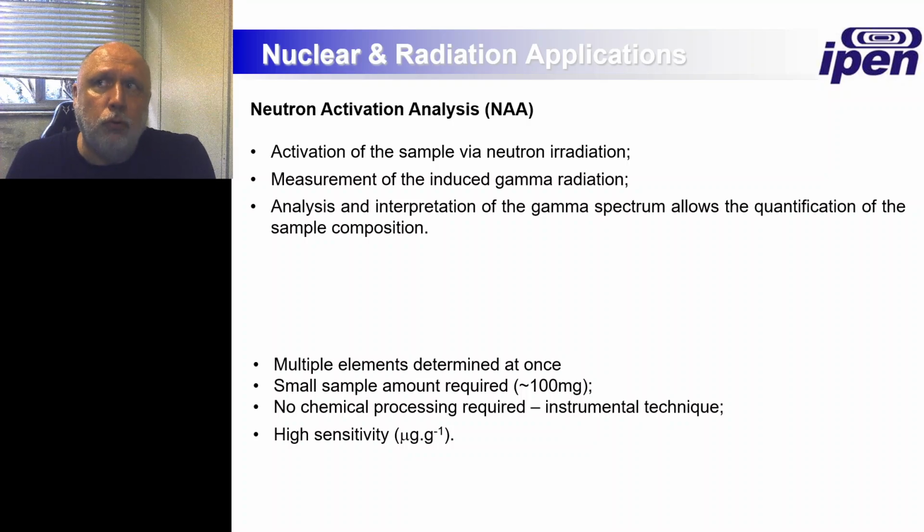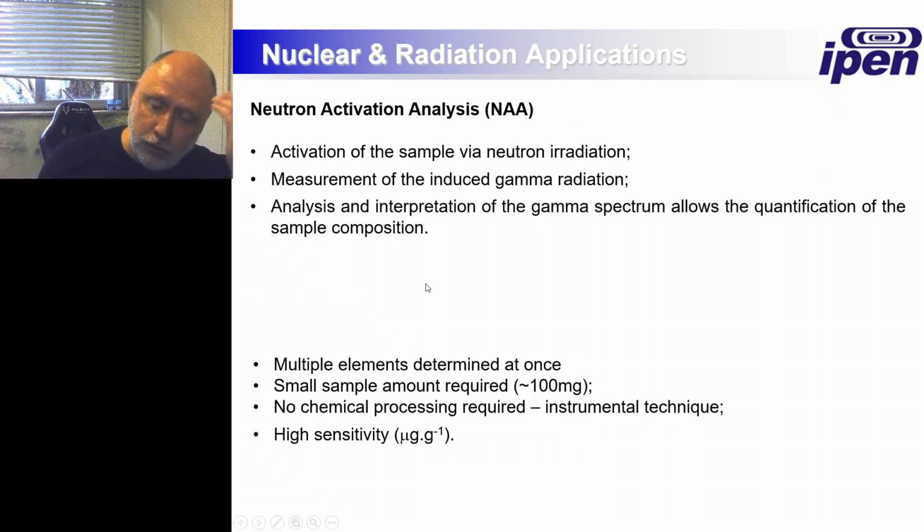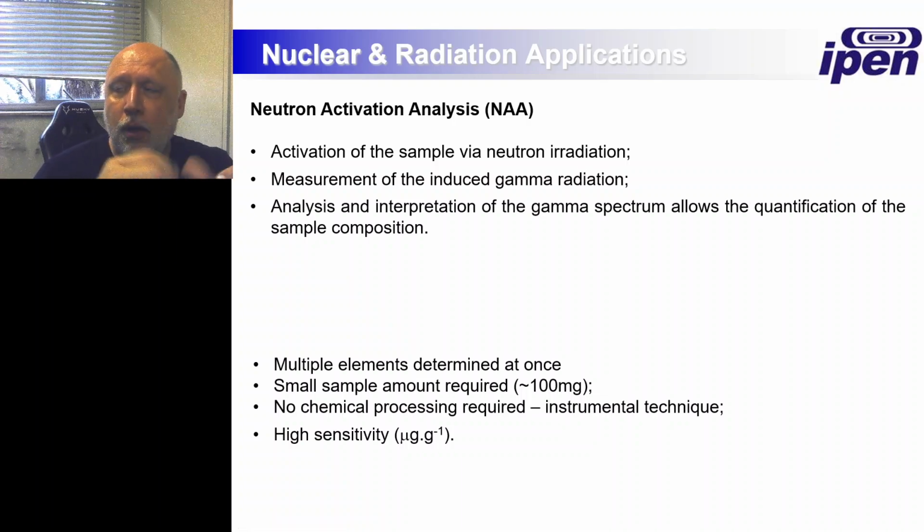Same thing goes for instance, atomic absorption analysis and other analysis. So multiple elements at once is something you get in neutron activation analysis, and generally speaking in a few other techniques like X-ray fluorescence.